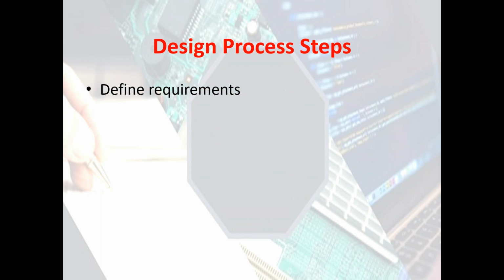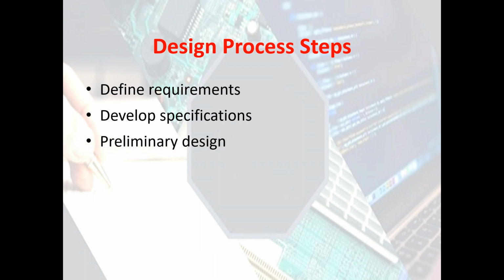The design process involves a structured sequence of steps to create effective solutions. It begins with defining requirements, identifying the needs and constraints of the project. The development of specifications follows, outlining the detailed functionalities and features. Preliminary design establishes the initial system architecture, while intermediate design defines the components and interactions.